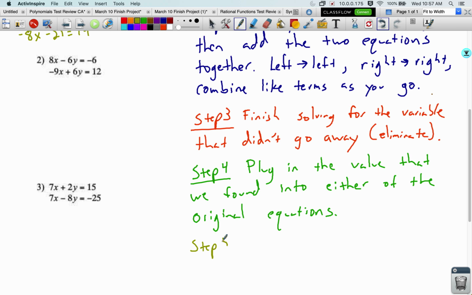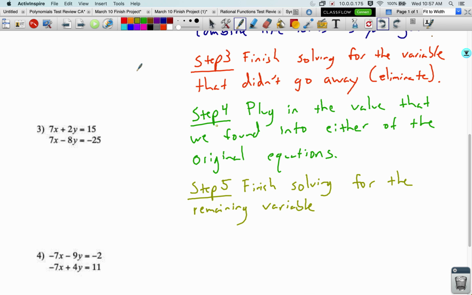Step 5, finish solving for the remaining variable. I'll go ahead and write step 6 now as well. So step 5, finish solving for the remaining variable.